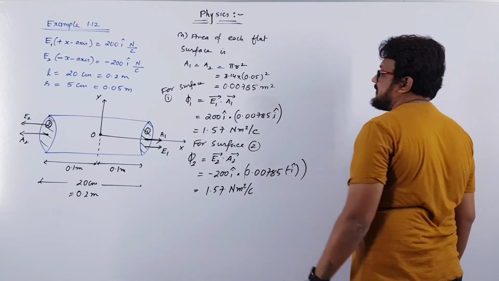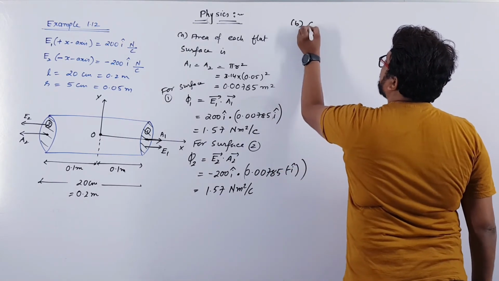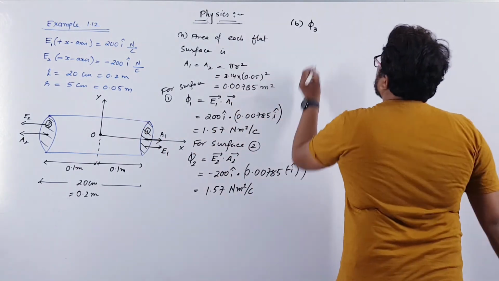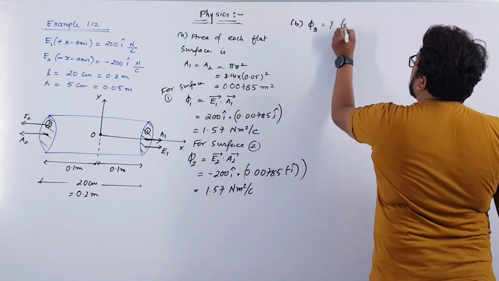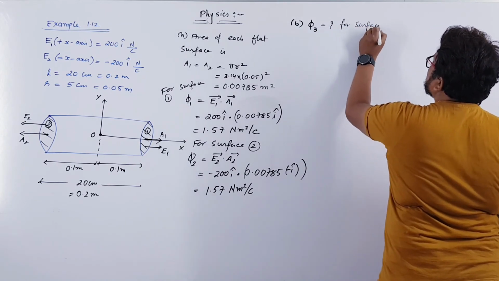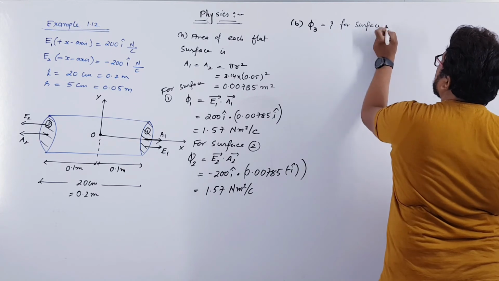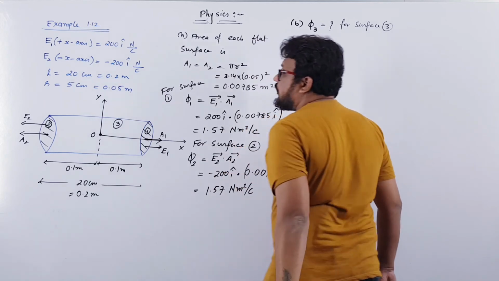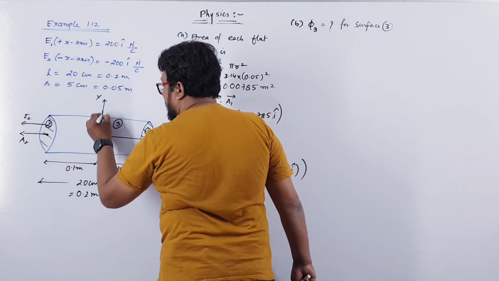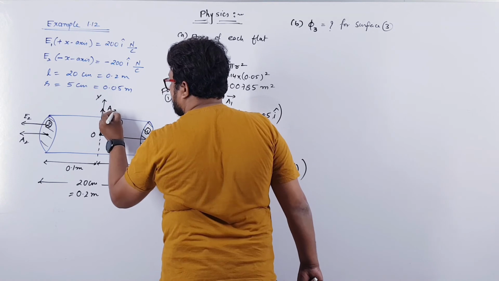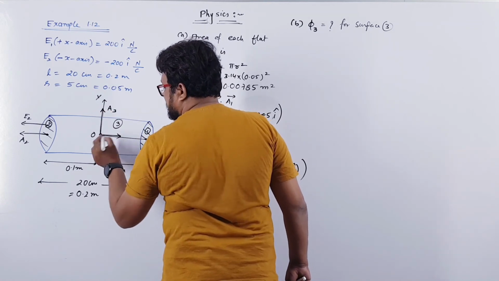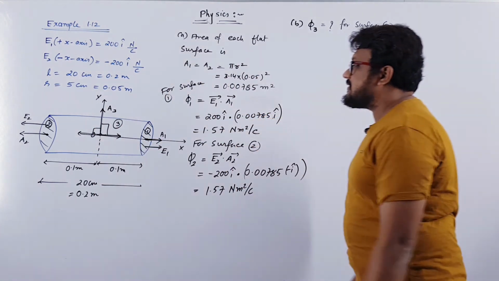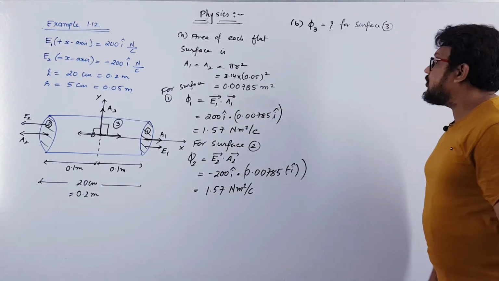Second thing, we have to find the flux for the curved surface, that is surface 3. This is our surface 3. Now for surface 3, the area will be along the y-axis. This is the direction of area, and the electric field is either along this direction or in this direction. So in both these cases, area and electric field are perpendicular to each other.